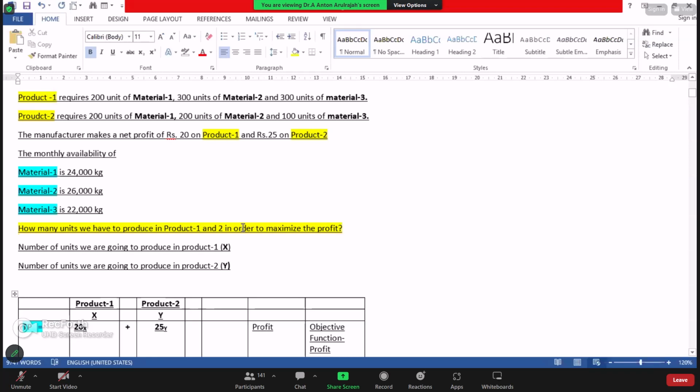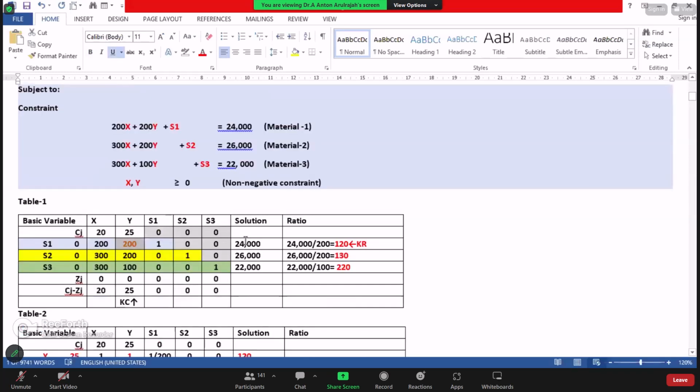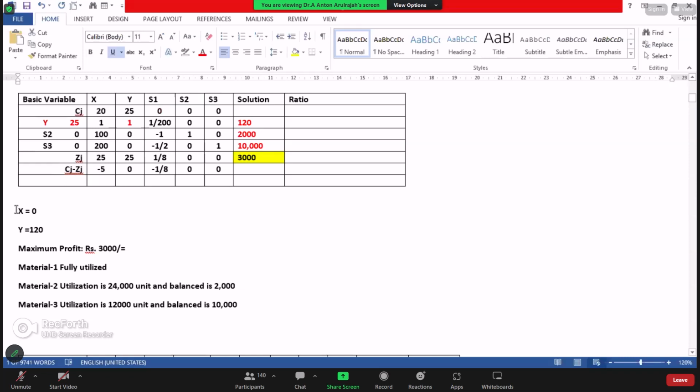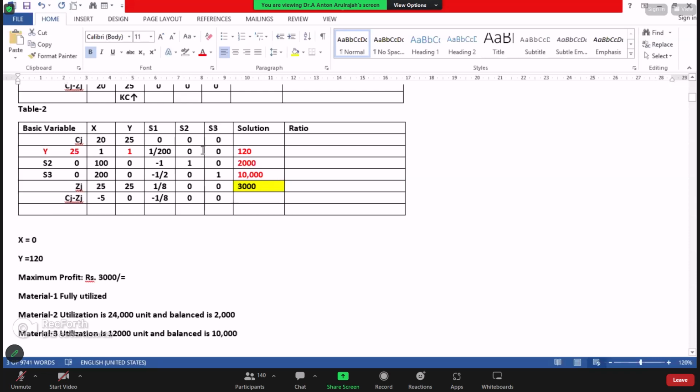Product 1 is 0, that is X 0. Product 2 is 120, that is Y 120. The maximum profit is 3,000.